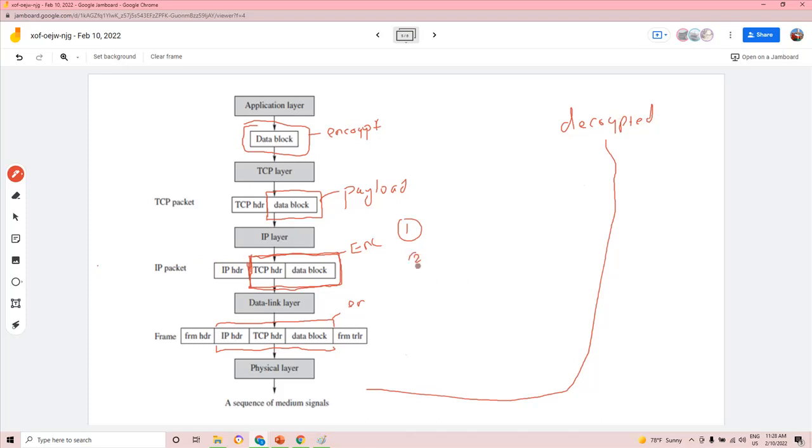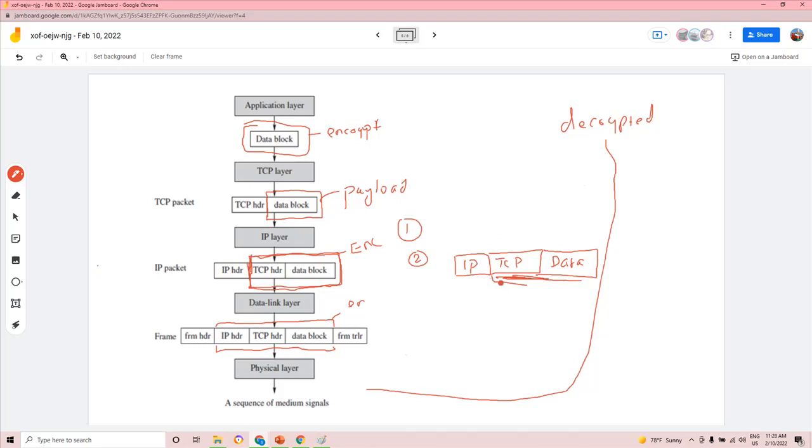The second option is you have the IP header, then the TCP header, then the data. This is called the payload, and this payload can be encrypted. That's the first option.